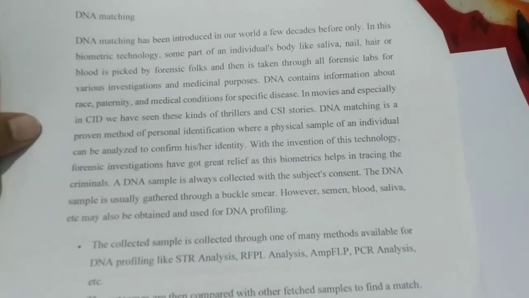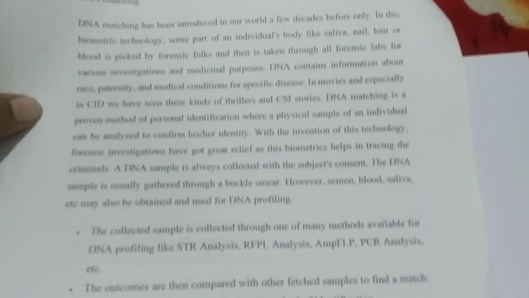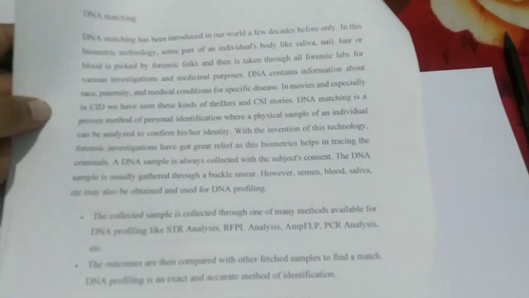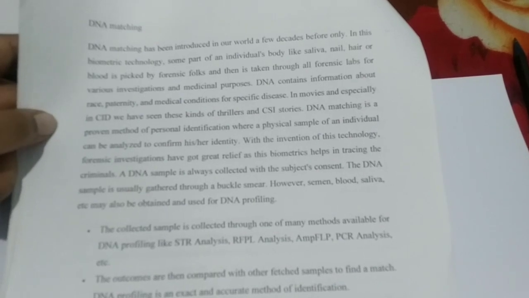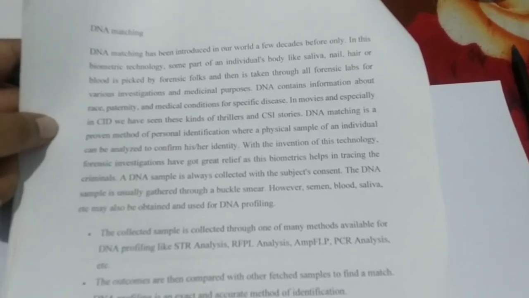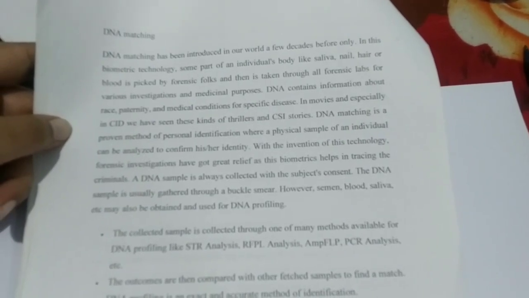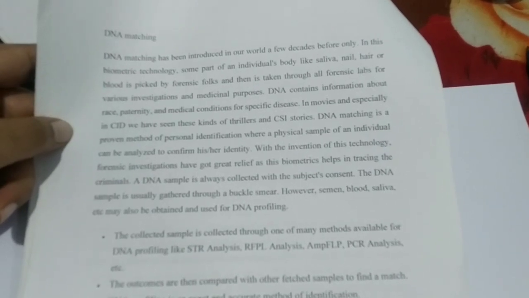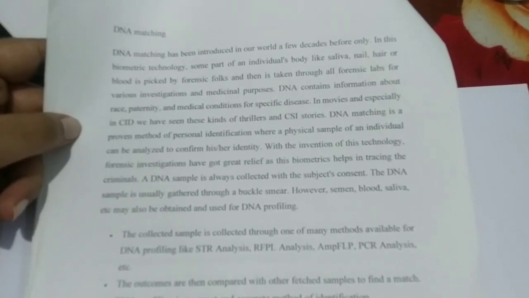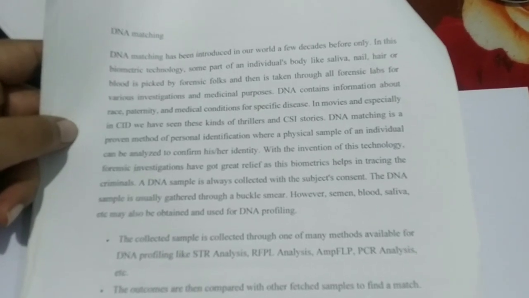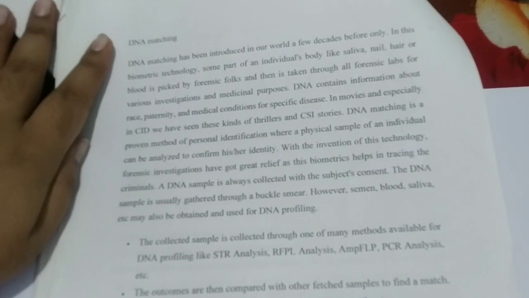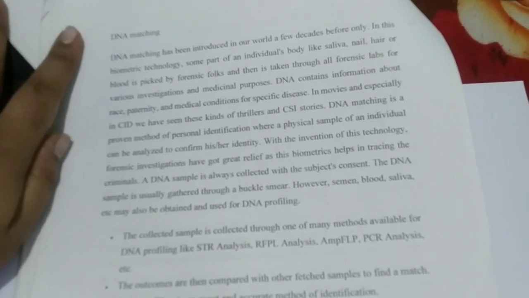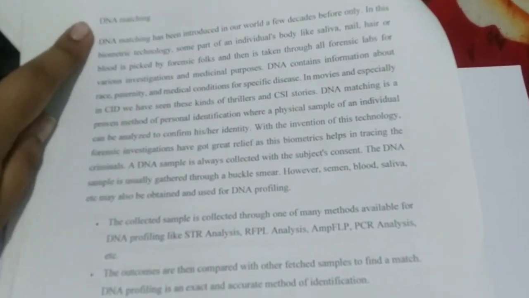Another one is DNA matching. Basically we use DNA for testing and all. Basically in courts, in high courts, it is used a lot. They will identify, for example, when there is trouble between a father and a child, so the father doesn't know whether this child is his or not. So they will take a DNA test.